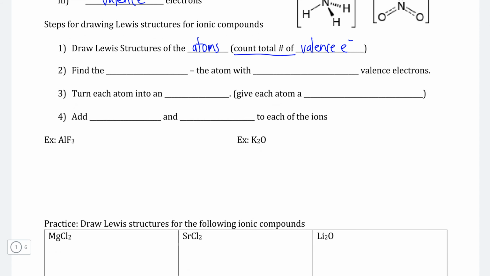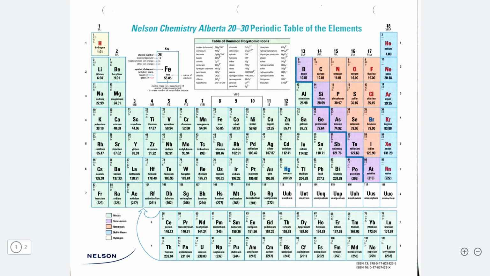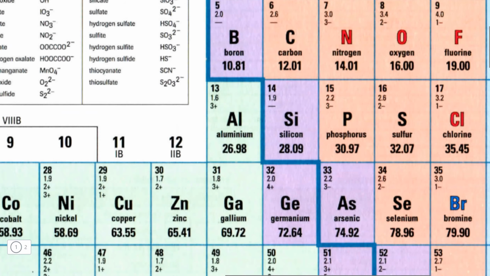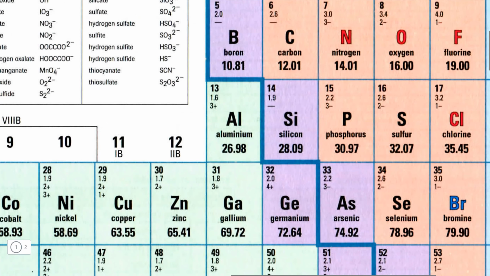So we can do it with both of these compounds here. If we check our periodic table for aluminum, fluorine, potassium, and oxygen, what we are looking for is two pieces of information for each element. The first is the number of valence electrons that each element has.